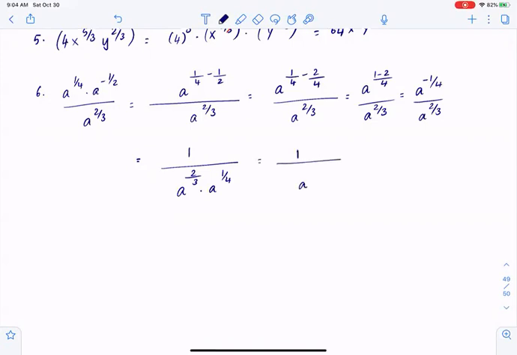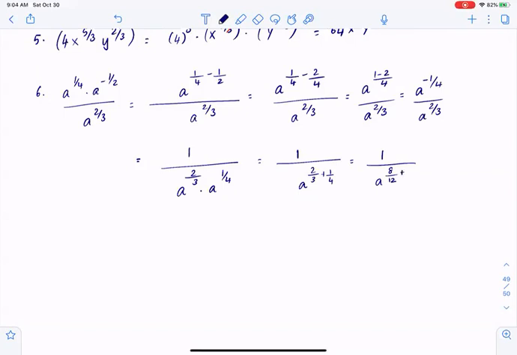The bases are identical, so I'm going to add the powers. The common denominator here is 12. So I'm going to multiply and divide 2 over 3 by 4. 4 times 2 is 8, divided by 4 times 3, 12.